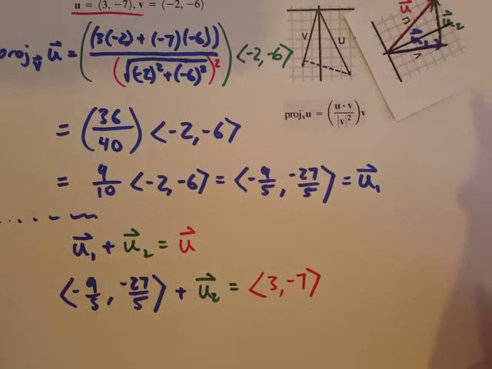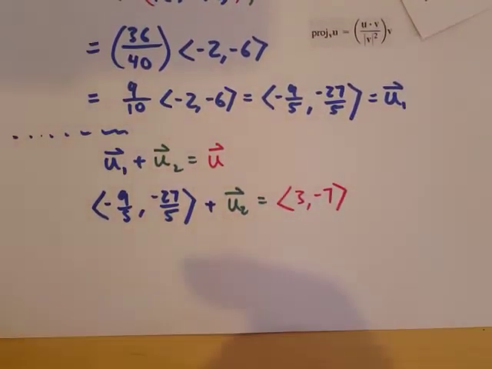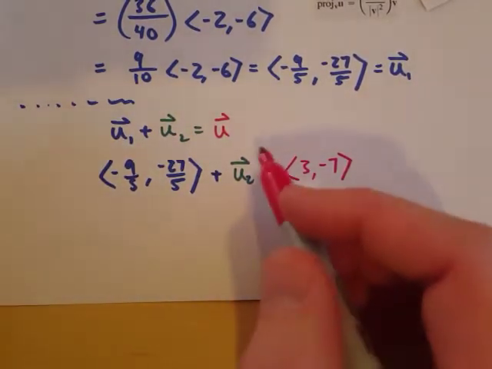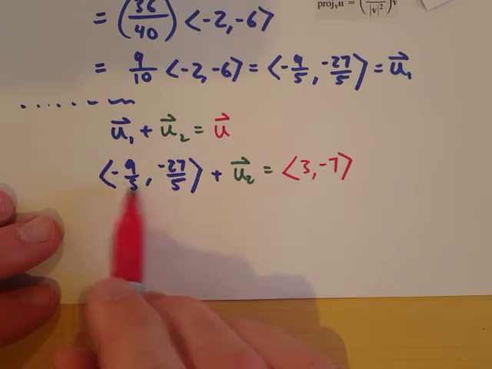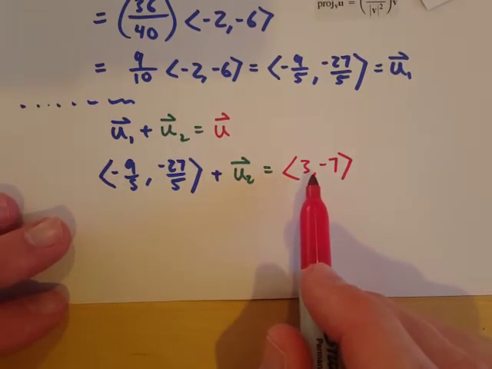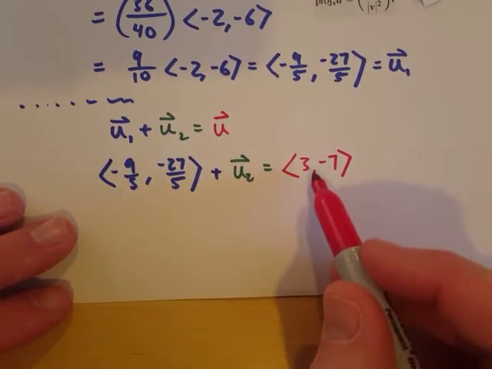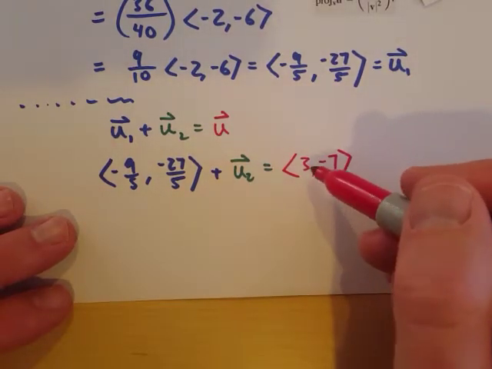All right, so we got that set up. Now it's just a matter of doing some basic equation solving to get u2. So u2 is just going to be taken from looking at, okay, negative 9/5 plus what x value equals 3. So really all we need to do, kind of like solving an equation, is add 9/5 to both sides. 3 is going to be 15/5.